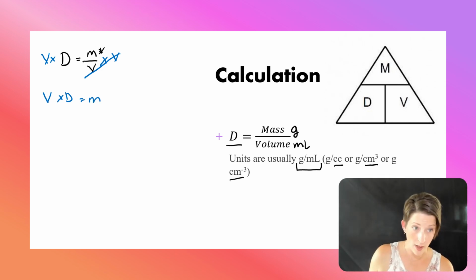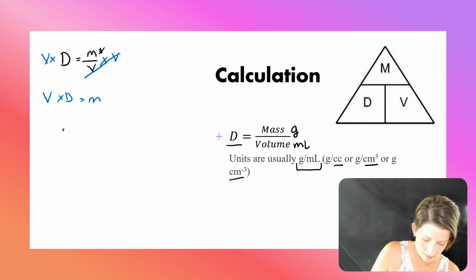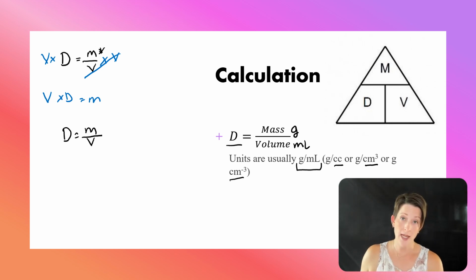What if we want to solve for volume? When we do this, it's going to take a little bit more because volume is in the denominator and we need to move it out of the denominator first and foremost.